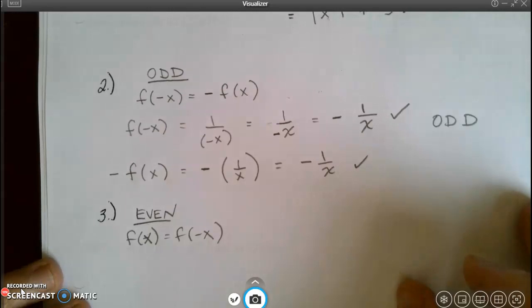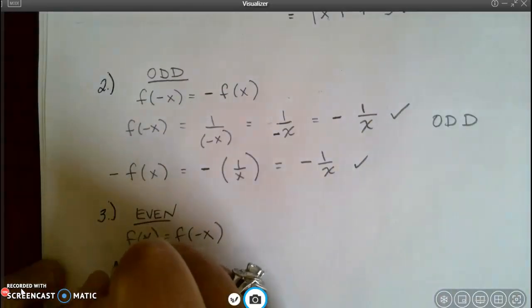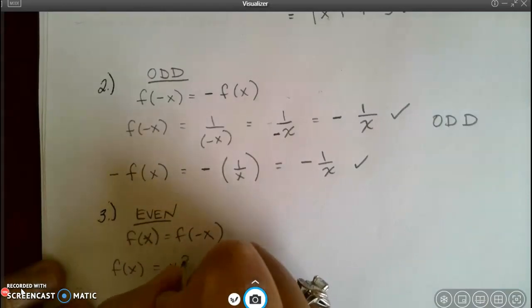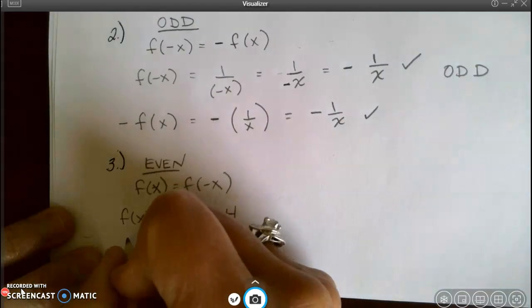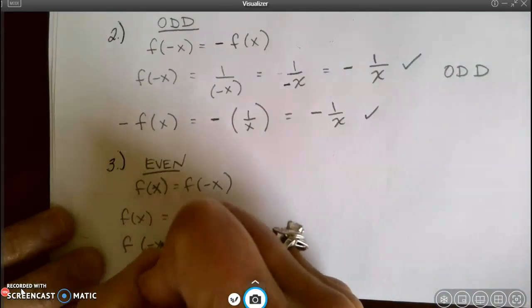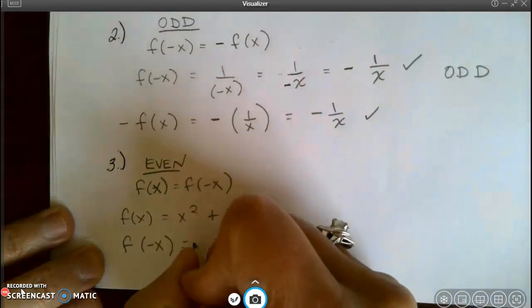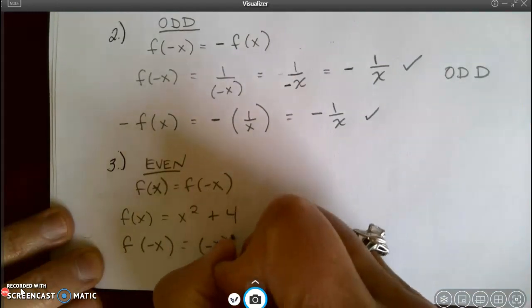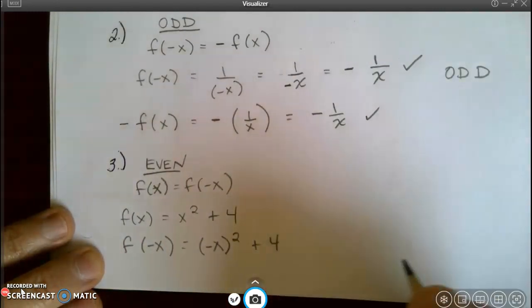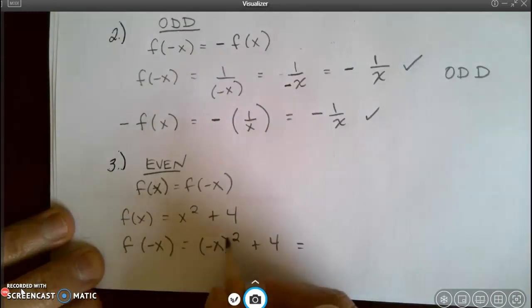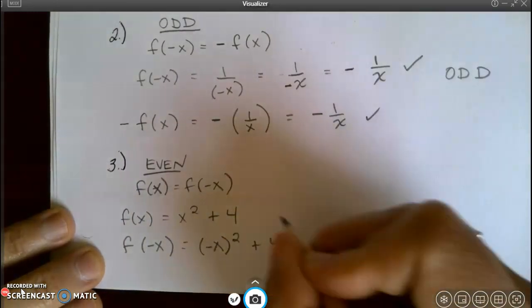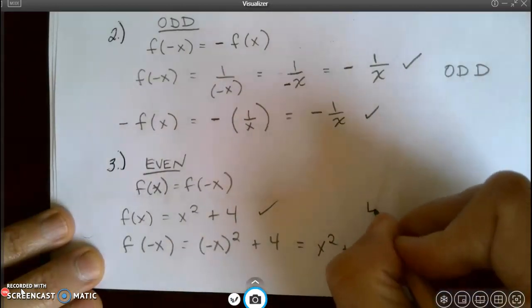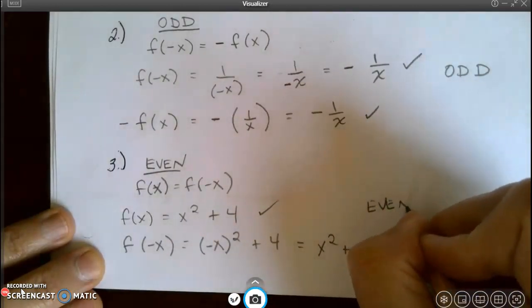All right, let's see if that works. F at x is x squared plus 4, and then f at negative x, I'm going to substitute a negative x and square it and add 4. Well, when you square a negative, it just becomes positive. And these are the same, so I know that it's even.